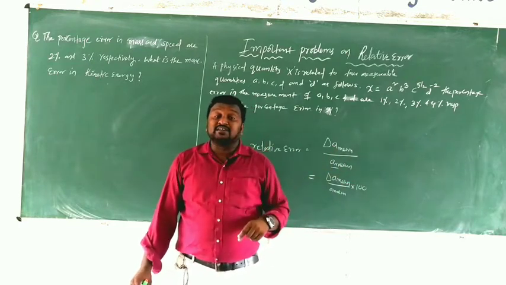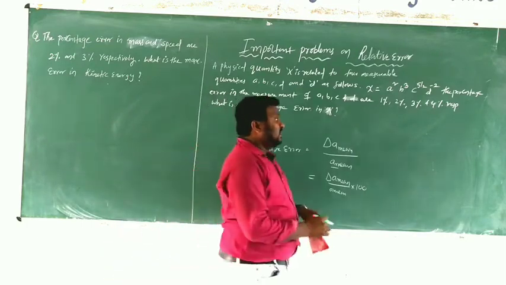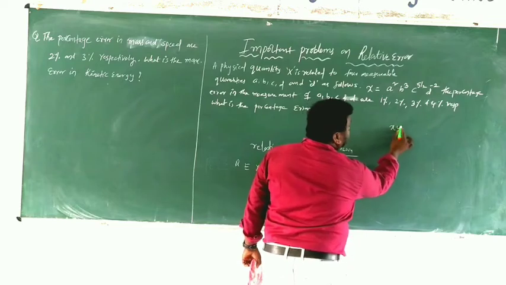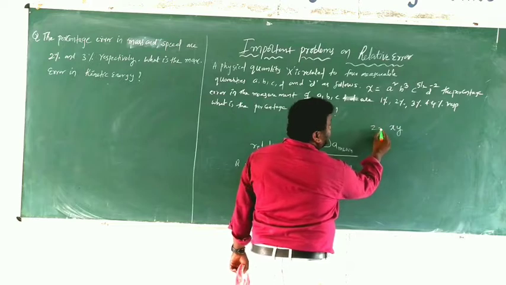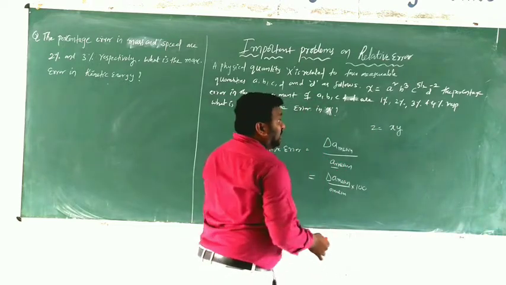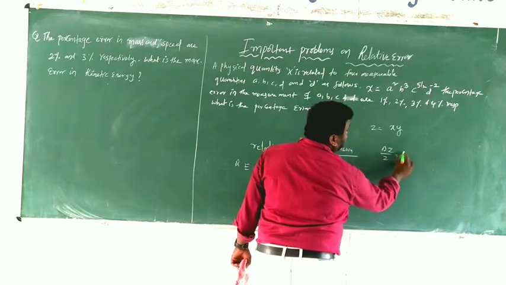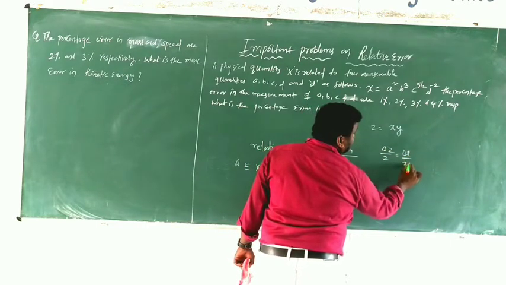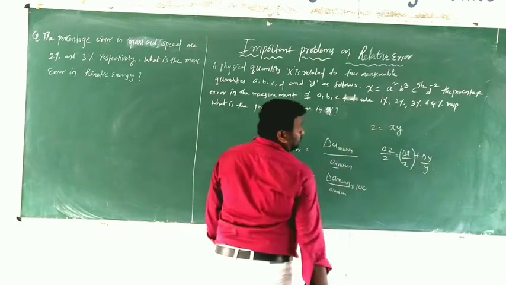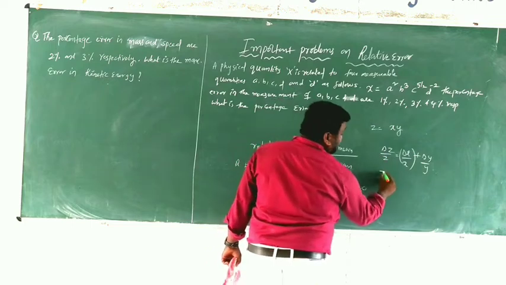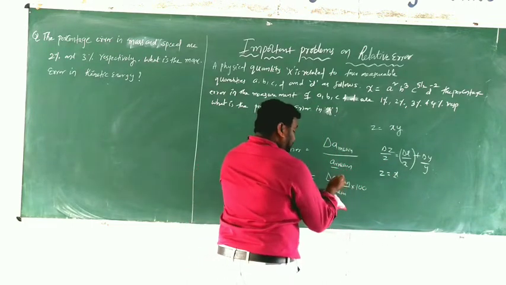For example, if we have z equals xy, the relative error of z is written as delta z by z equals delta x by x plus delta y by y. And if you take z equals x by y, you will get the same thing.